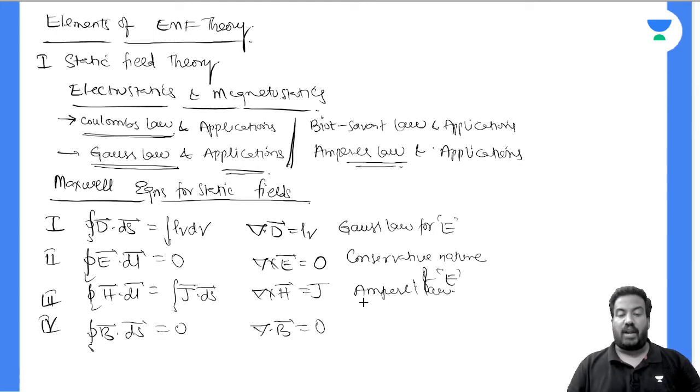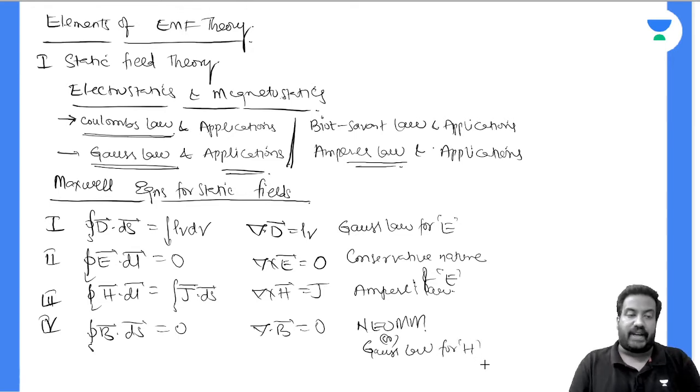Differential form: del dot B is equal to 0. This is from the non-existence of magnetic monopole, also called Gauss law for magnetic fields. We have derived these, which are Maxwell equations for static fields.